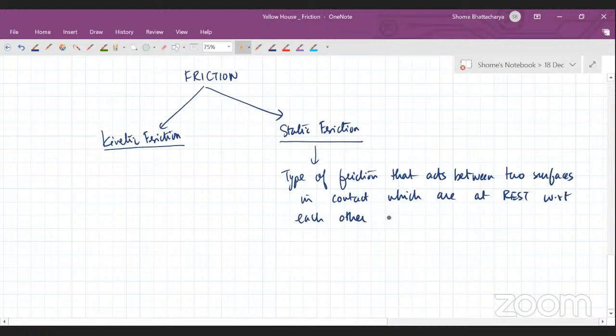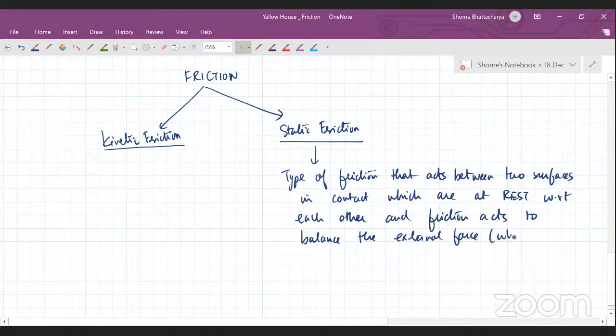Okay, and friction acts to balance the external force, okay, which is acting tangentially to create slipping.